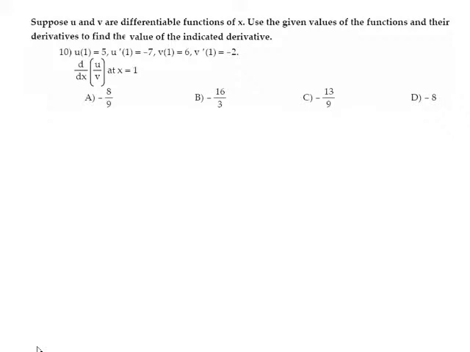The next problem, we're asked to find the derivative of a quotient. And we're not given the specific function, except we're given the value of the functions at the point 1 and the derivatives at the point 1.